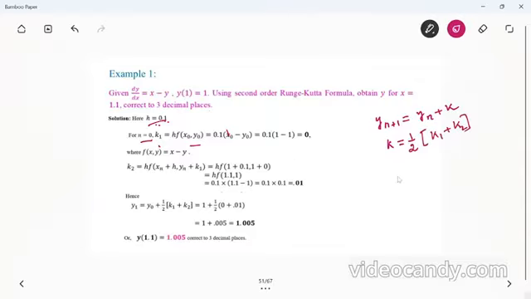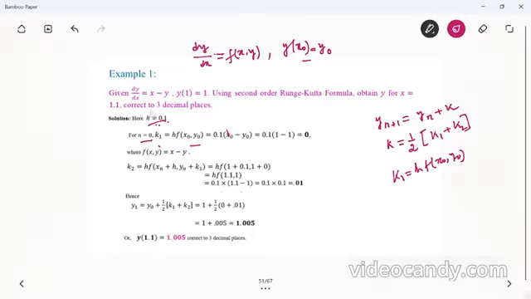So what is k1? k1 is h f(x0, y0). Here x0, y0 are known to us from the problem, and we know the standard form of the differential equation, dy/dx equals f(x,y), y(x0) equals y0.